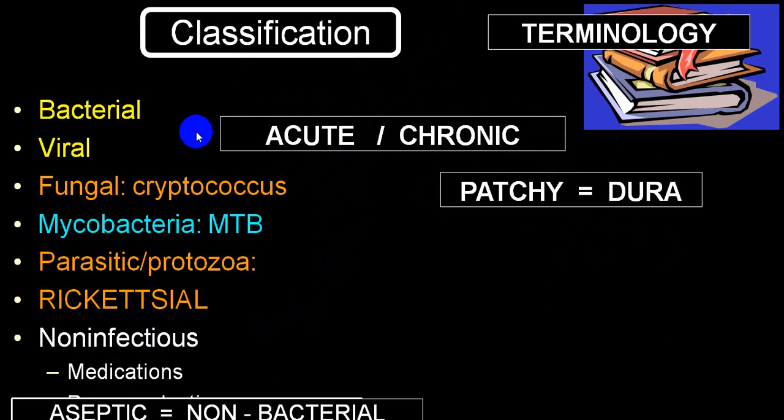The most common cause of acute is bacterial and viral. Among chronic, fungal infection is common. Mycobacterium tubercle can be chronic. Even parasitic infection, rickettsial infection, invariably they are chronic.